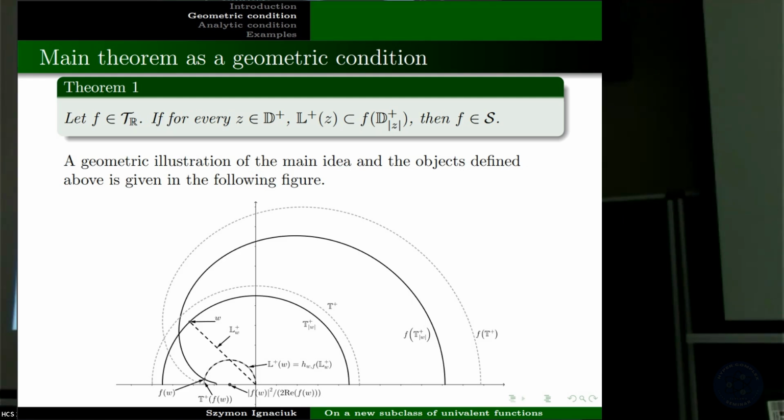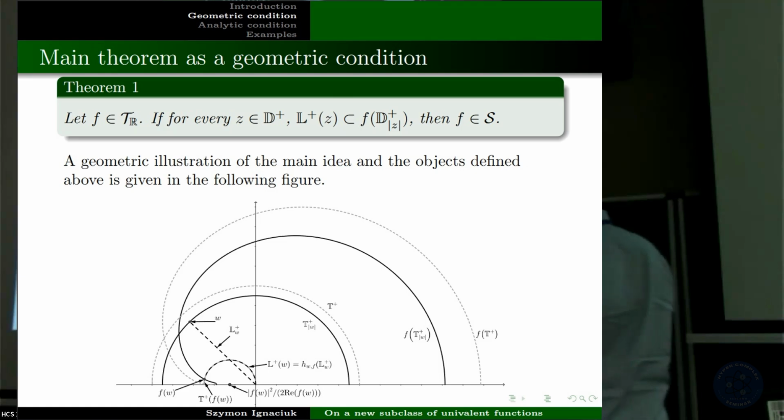Here D plus modulus z is a semi-disk of radius modulus z, mapped through the function f, of course. And L plus I will show this.